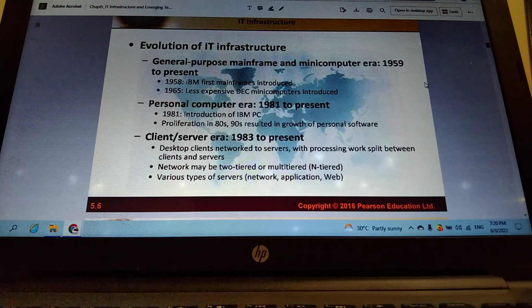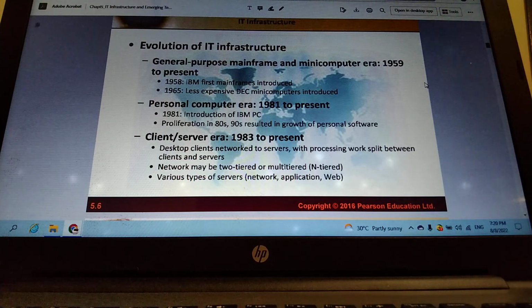Just to give you some history, IBM first introduced their mainframe in 1958. Then DEC, meaning Digital Equipment Corporation, introduced minicomputers, a slightly smaller version than the mainframe, in 1965.